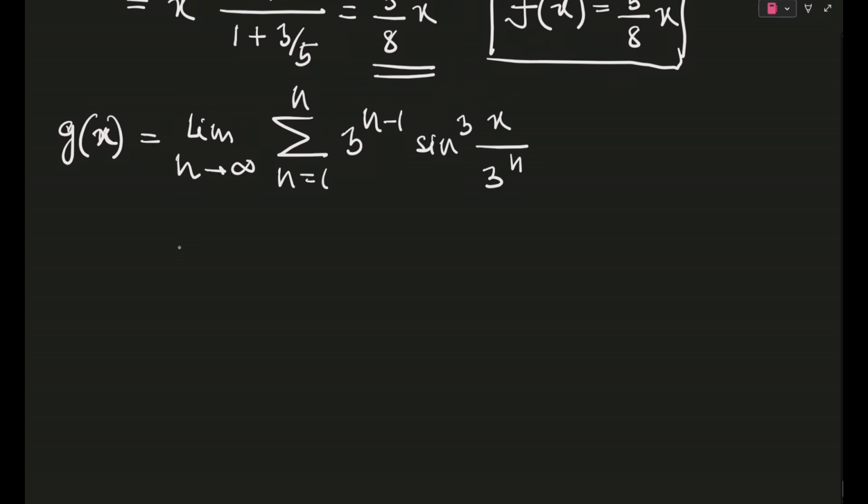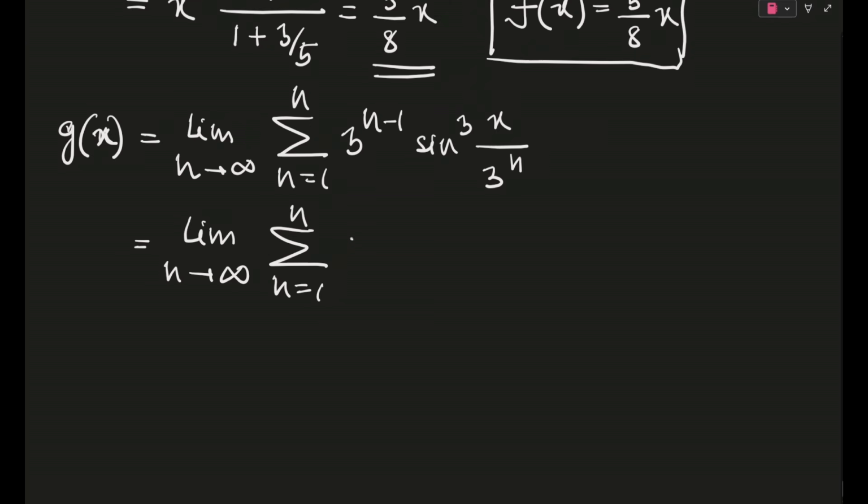So very simply, I hope you can understand what we need to do because there is a sine cube term here. This is sine cube theta, so we will try to express it in terms of sine 3 theta. So this thing becomes sigma n equals 1 to n. Actually, I don't know if this is r equals 1, but we will go with whatever is given in the question.